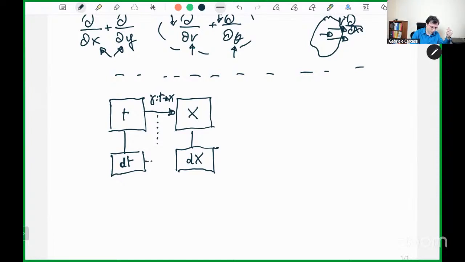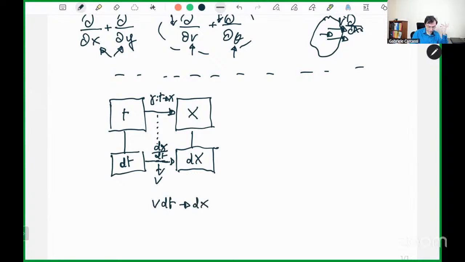And this would be a map between displacements, and this is going to be our d gamma over dt. This is going to be our velocity. So we can understand the velocity as the map that takes a dt and gives us a dx.